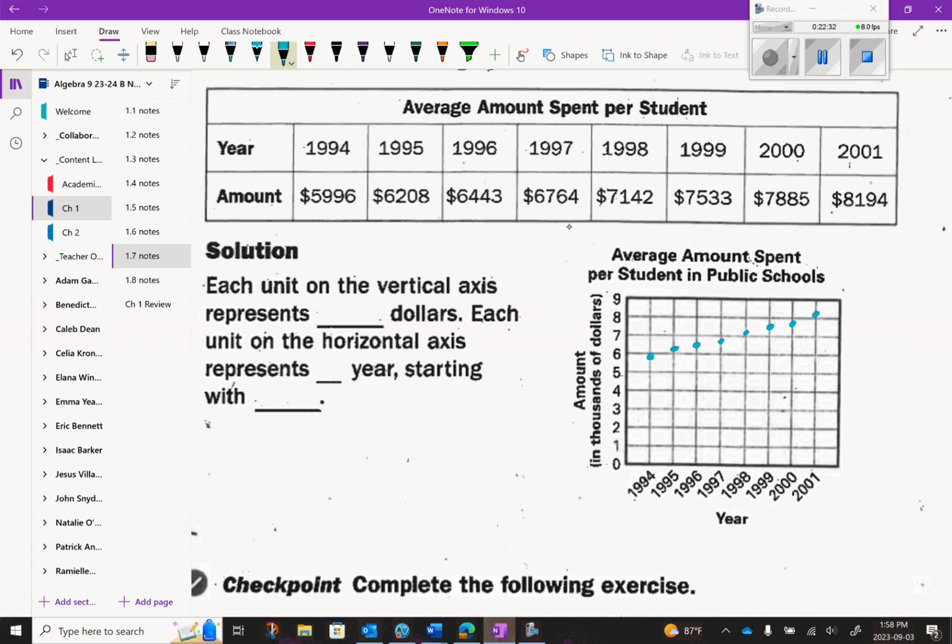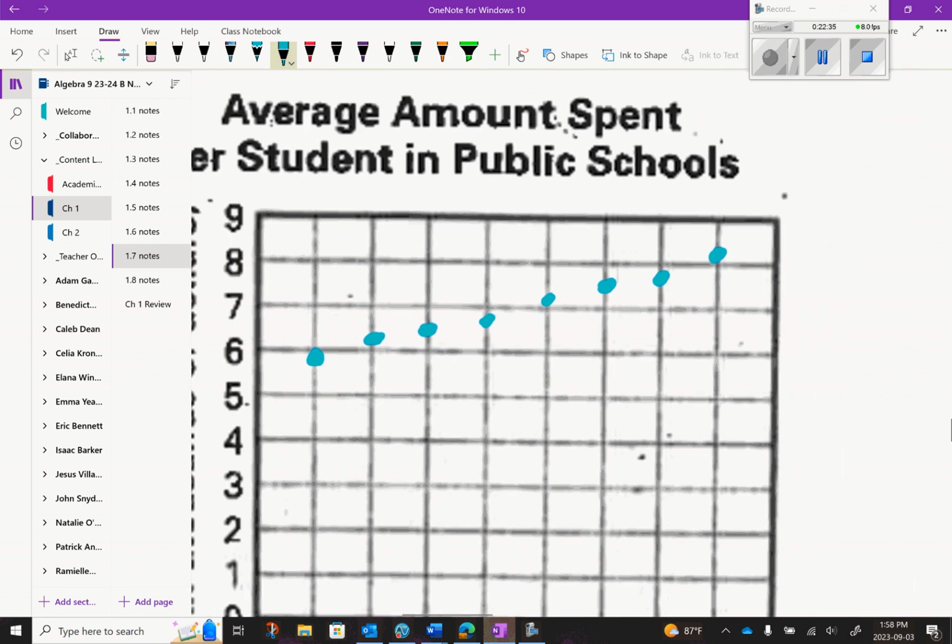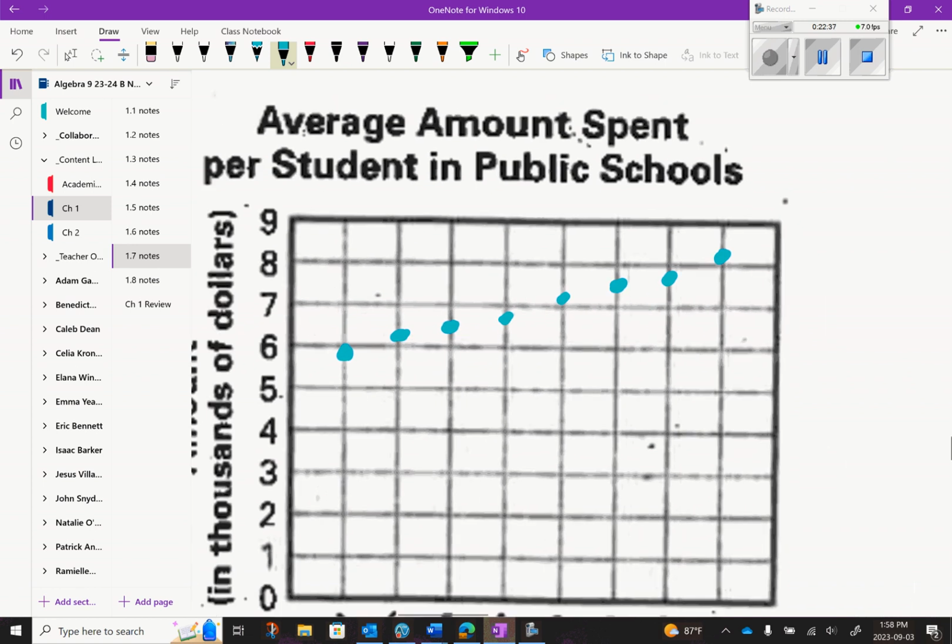So we put those in as individual dots, and then we do our best to play connect the dots. Now again, I'm only going to draw from here to here. I'm not going to try and draw this as one thing all the way through. I'm going to go from point to point to point.